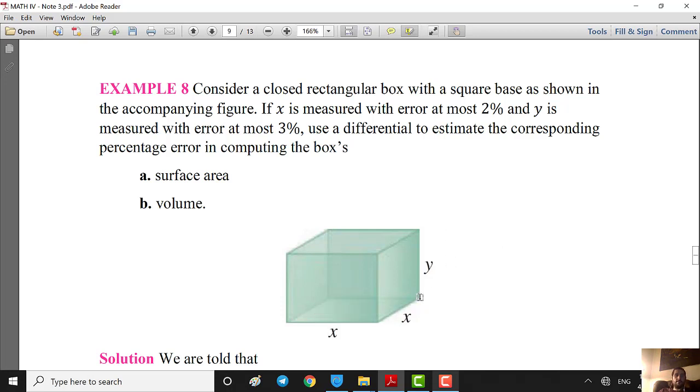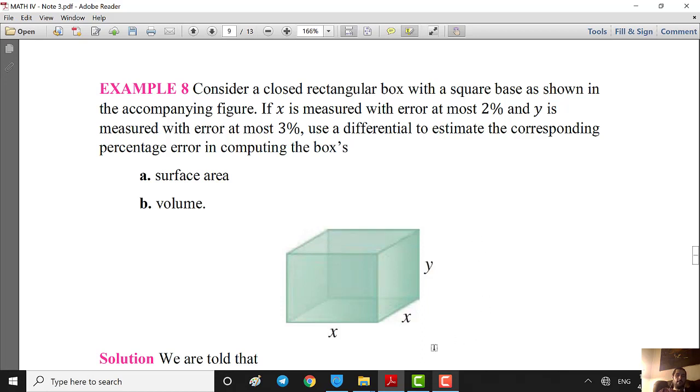We have a square with length equal to x in the base and at the top, and all the side rectangles have length equal to x, width equal to y.